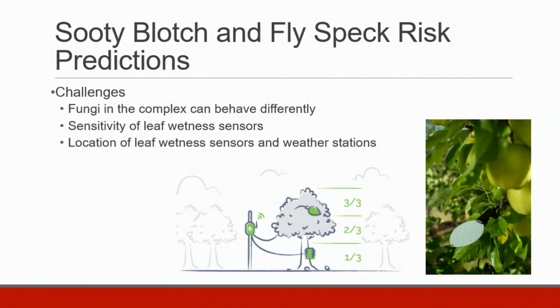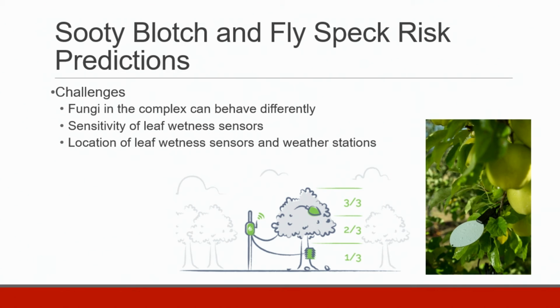Along the same lines, the location of the sensors in the orchard is important, and it can be challenging to find a location that represents the tree canopy topography of the various varieties or represents the production method. For example, the location of a sensor will be different for a trellis tree compared to that of a staked or standalone tree.